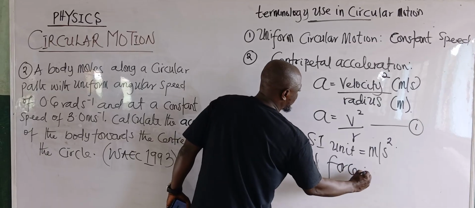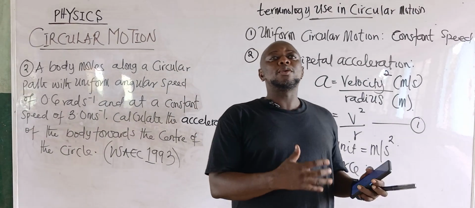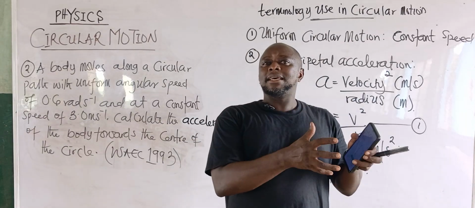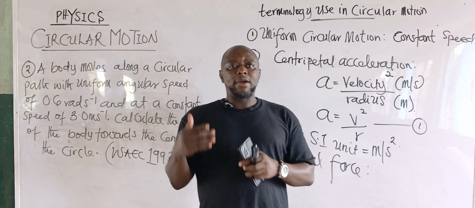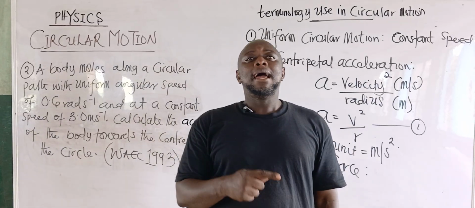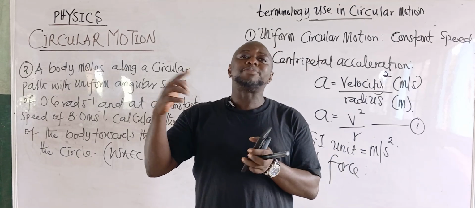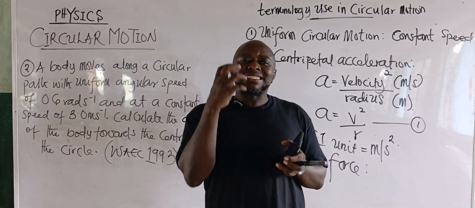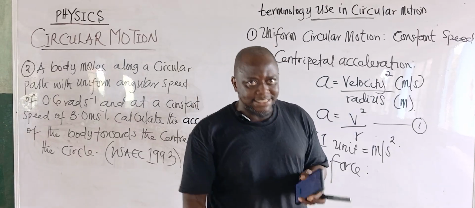Centripetal force. Now, what is centripetal force? Centripetal force can be defined as the force that keeps an object moving in a circle or in a circular path. I say that again: the force responsible for maintaining the circular motion of an object.